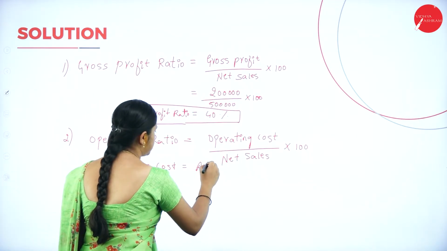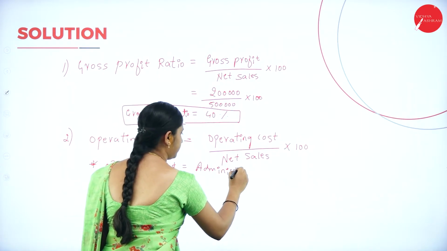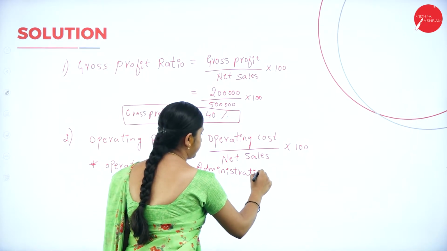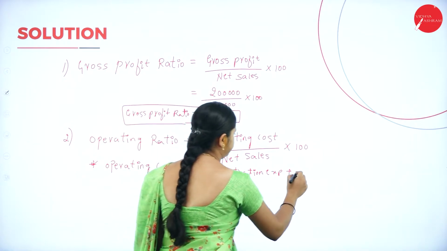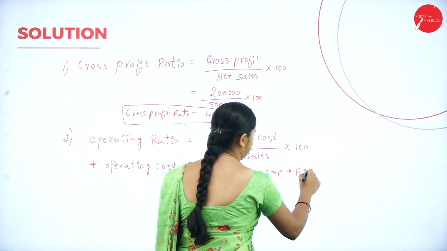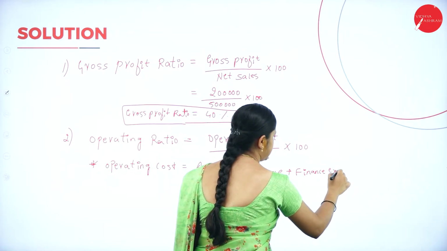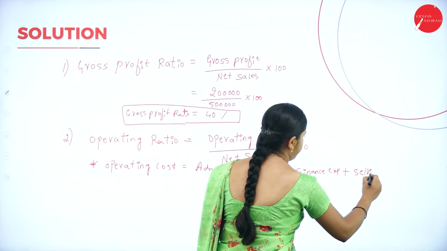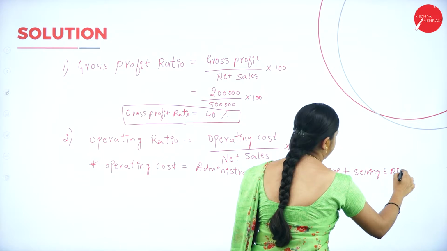So first write down operating cost. Operating cost is equal to administration expense plus finance expense plus selling and distribution expense.